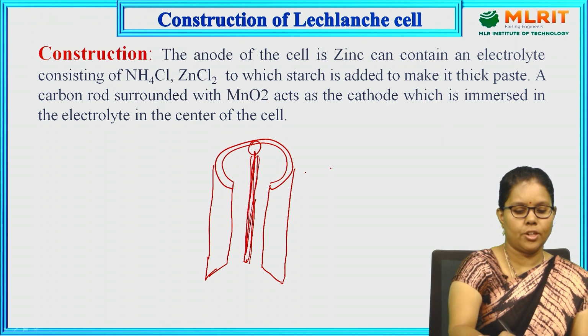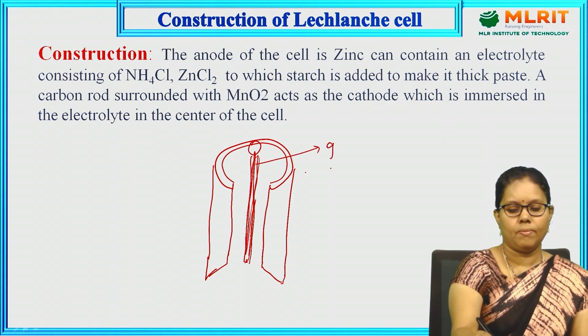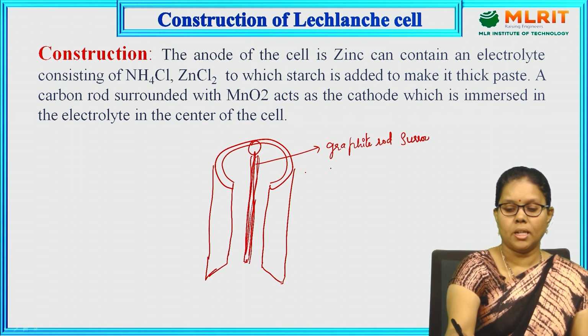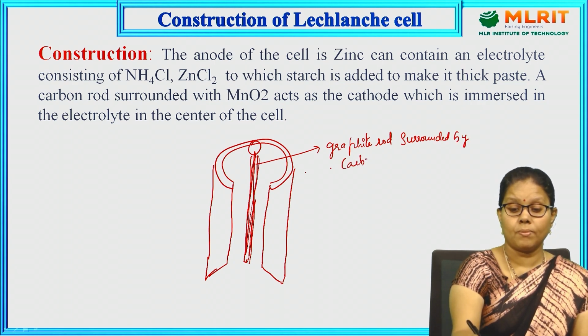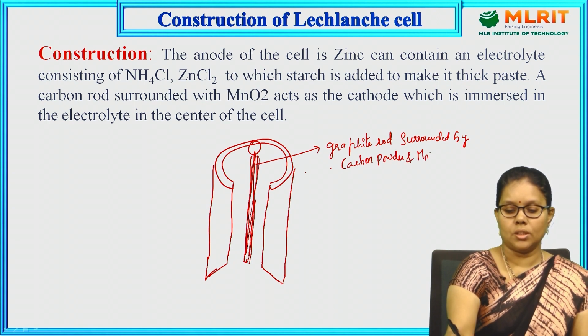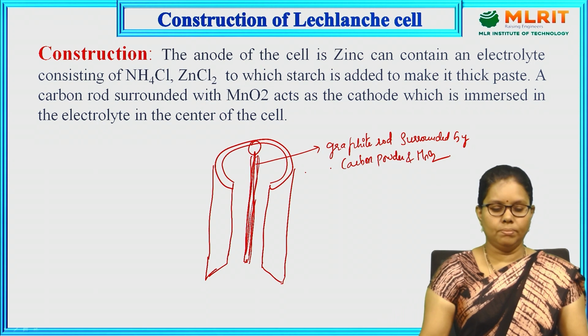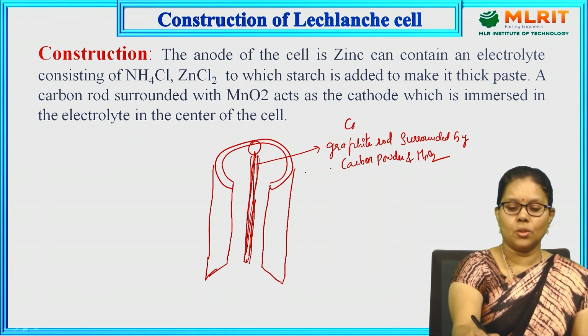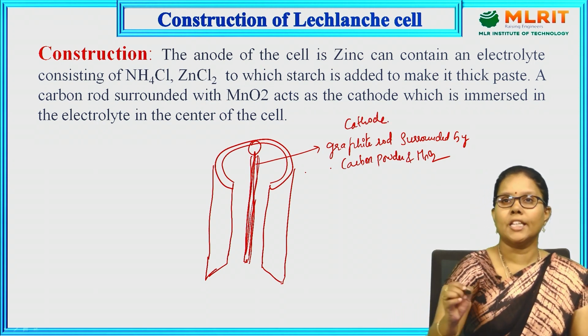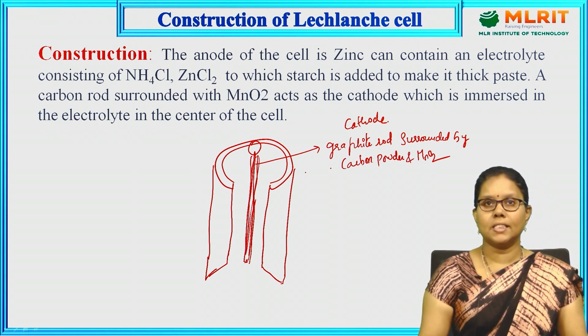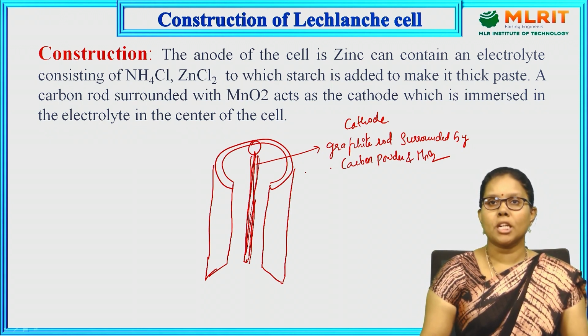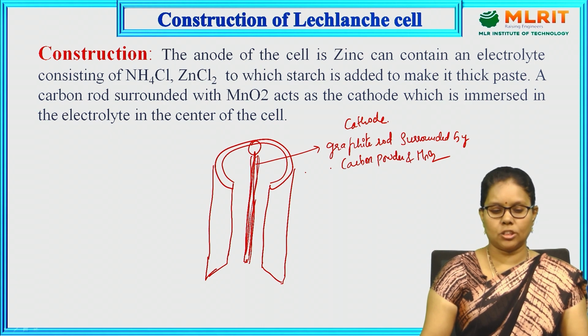This is the graphite rod, surrounded by carbon powder and manganese dioxide powder, which acts as the cathode. In the center of the cell, there is a graphite rod surrounded by carbon powder and manganese dioxide.